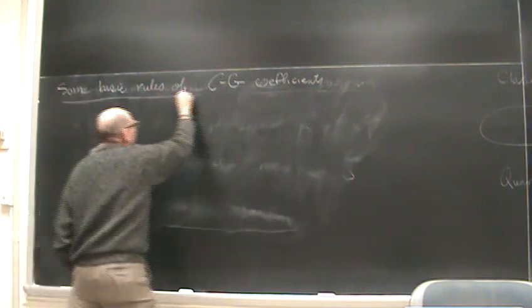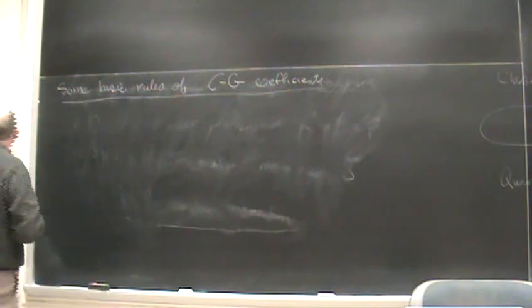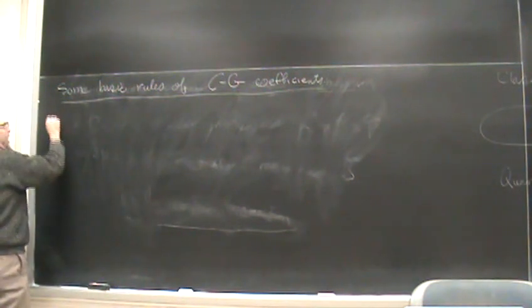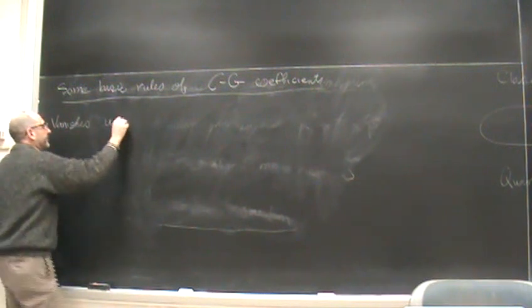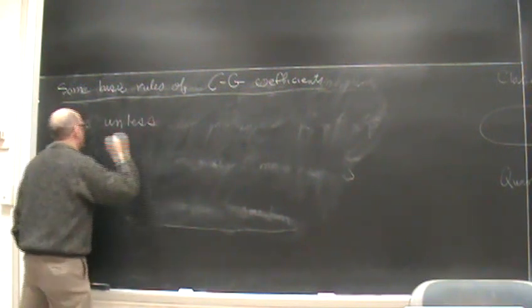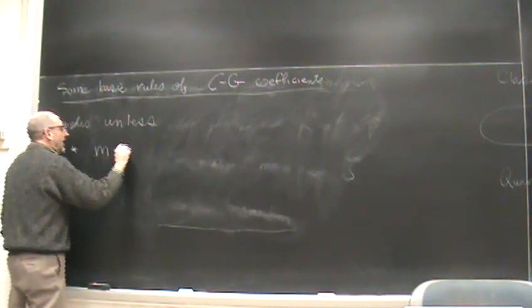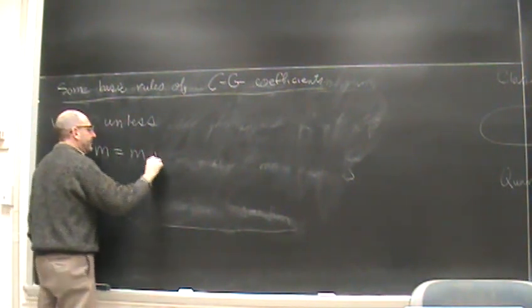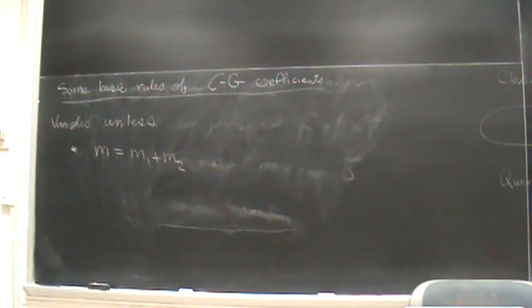So one rule we can write down immediately and we can easily prove is that it vanishes unless the total M is the sum of M1 and M2. That is easy to prove.